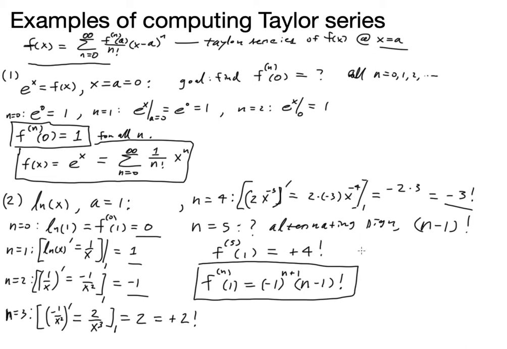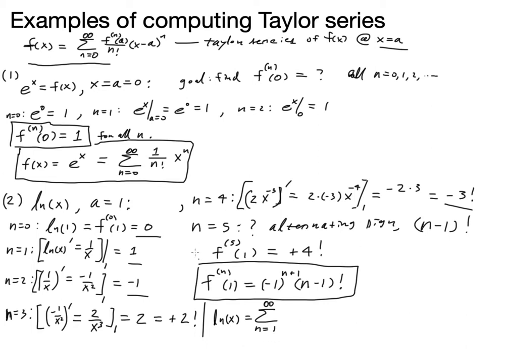And of course, there's no way to figure this out a priori. You really have to just compute many examples till you see the pattern emerge. Okay, so now I'm going to write down that the natural log of x can be expressed as a Taylor series, and it starts at 1 and goes up to forever.